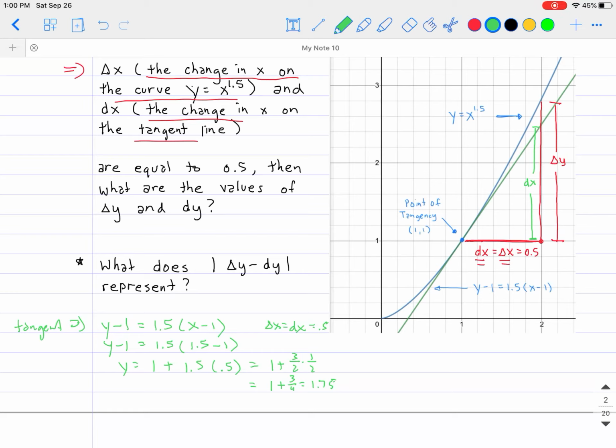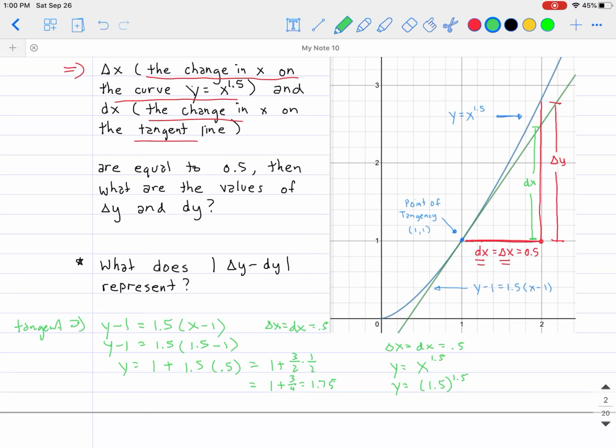Now I'm going to go ahead and do the same to solve for the change in y. Well, since delta x is equal to dx, which is equal to 0.5, if you notice, on the original curve, y is equal to x to the 1.5. I'm going to plug in 1.5 in this case. So 1.5 raised to the power of 1.5.